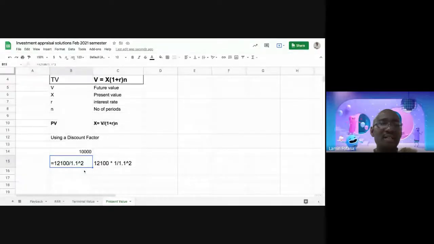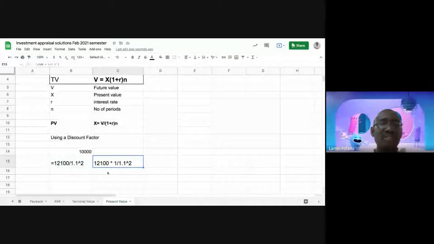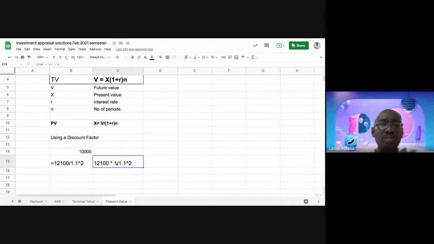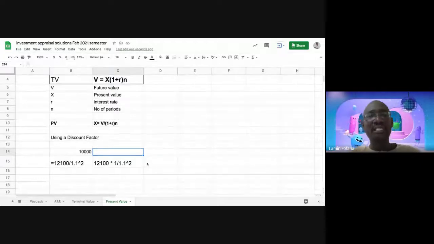But accountants have derived this so that this first part will always be our future value, and we're going to multiply by 1 over 1.1 raised to power 2. So this 1 over 1.1 raised to power 2 is what we call our discount factor.